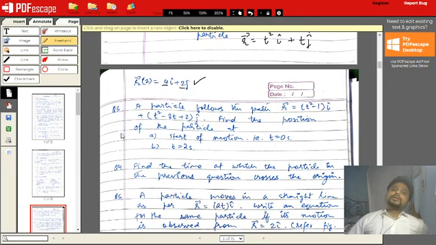Okay, next question. A particle follows a path r is equal to (t square minus 1) i cap plus (t square minus 3t plus 2) j cap. Find the position of particle at start of motion, that is 0 seconds, and 2 seconds. So here also the idea is that we want to find the position of particle at some particular time, that is 0 seconds.